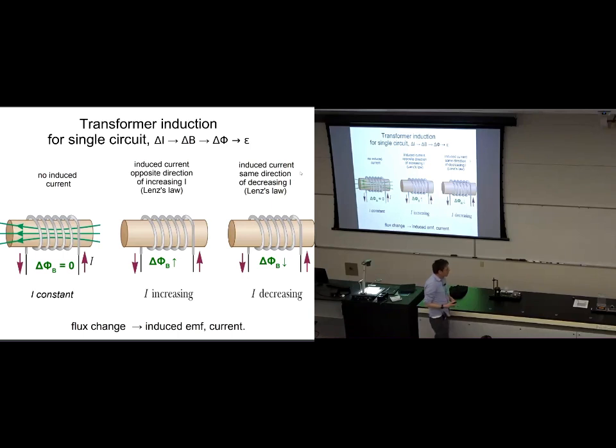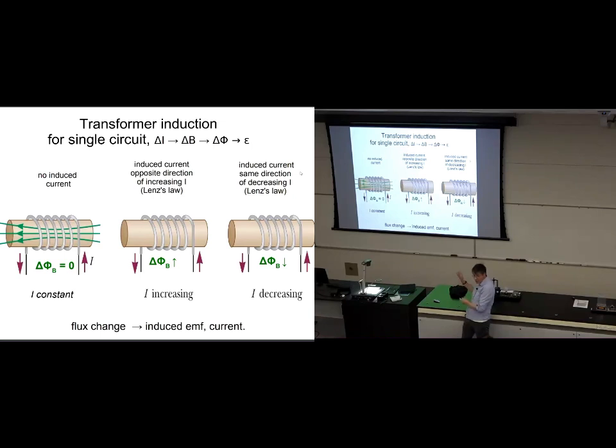So we're going to see a little bit about that. Here's an example of a single circuit. It's a solenoid, and I'm picturing on the left-hand side, the solenoid has been activated, and some current is flowing in the solenoid, but that current's not changing. I'm picturing in the center, same solenoid, but now at the moment that the current in the solenoid is increasing.